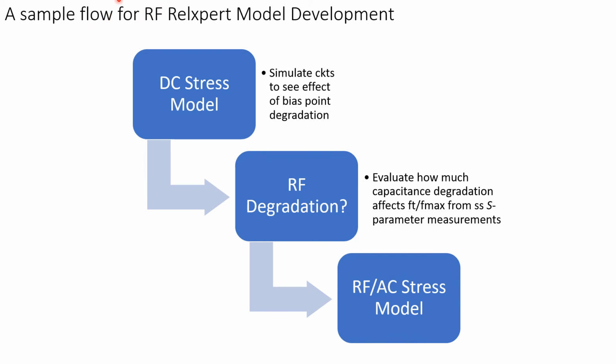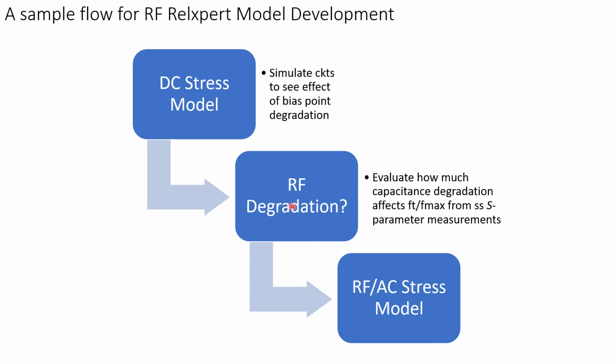Let's say the GM by ID ratio: you can simulate the GM by ID degradation to see the effect on your analog circuit, or how the noise figure NF of an LNA degrades due to the degradation in the bias point. So suffice to say, the current models in RelExpert that are based on the DC stress models can give you the degradation due to the degradation in the bias point in the circuit. But what about RF degradation?